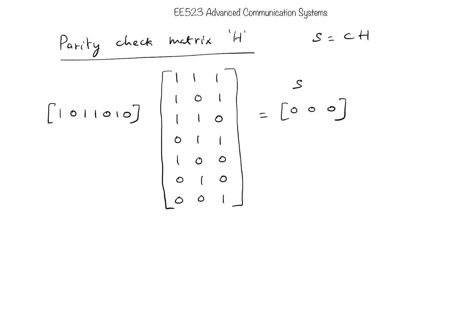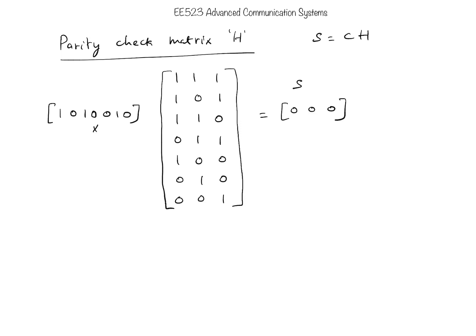Then what we also did in the last lecture is we introduced an error in the fourth position. So the fourth position we changed from 1 to 0. We deliberately introduced an error and made this 1 as 0, and then we computed the syndrome by multiplying with the parity check matrix.